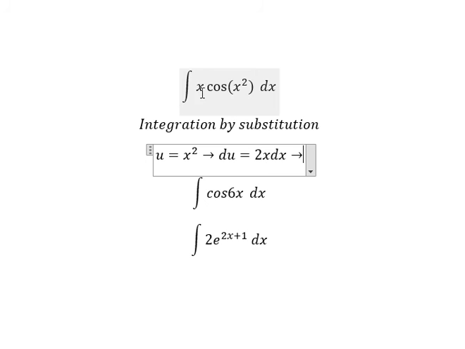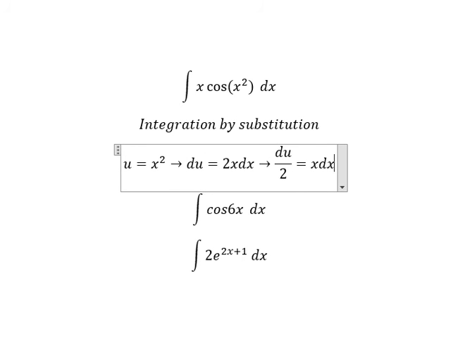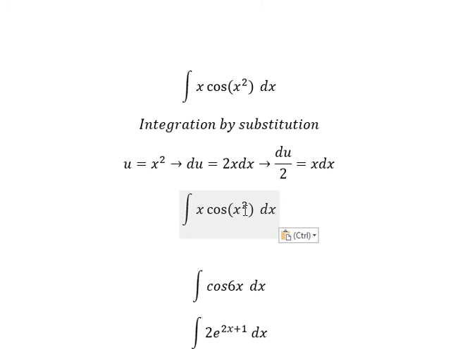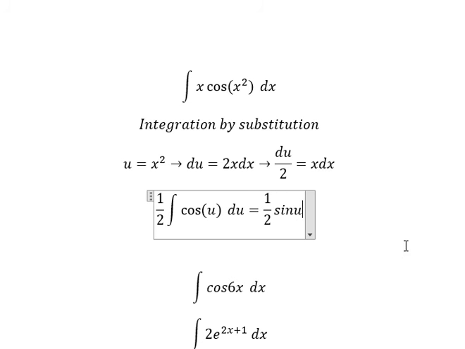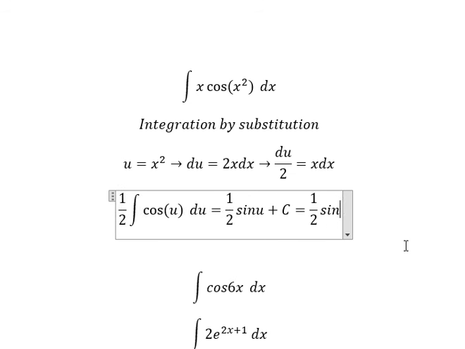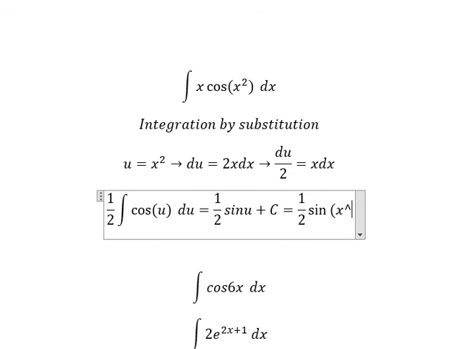Because we don't have number 2 in here, we need to divide both sides by number 2. So this one we change by u. x dx we change by this one. The integration of cosine of u, we have sine u. About u, that's about x squared.